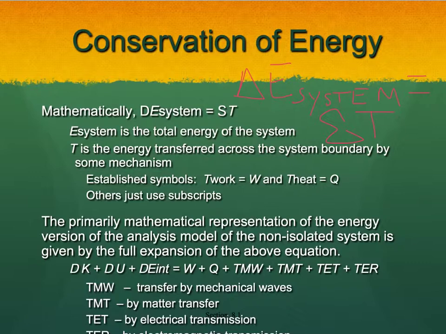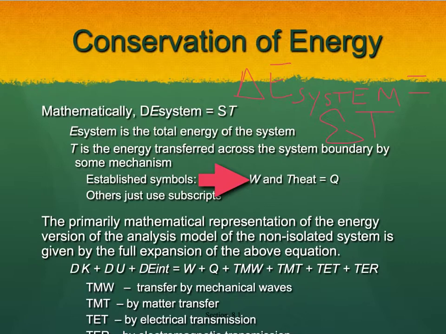When we're talking about the sum of all of the transferred energy, we can think about it through a couple different ways, and we have different symbols that we've established to represent transfer of energy. So for transfer of work, we can call that T work, but we also have been talking about work before as just the symbol W. So we've just been looking at a capital W when we say work.